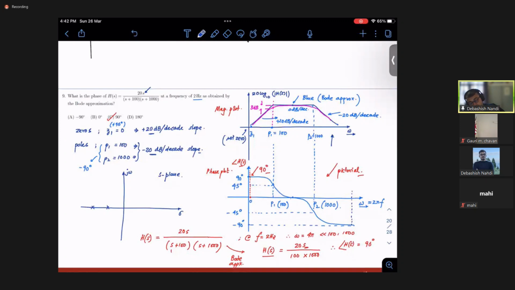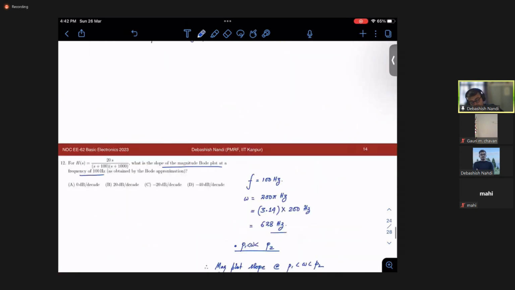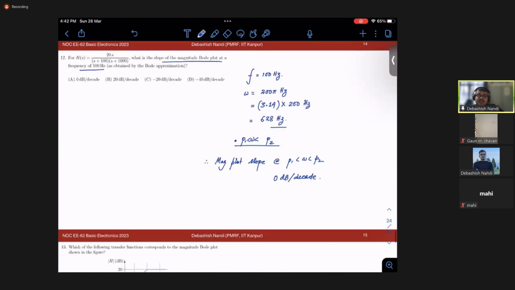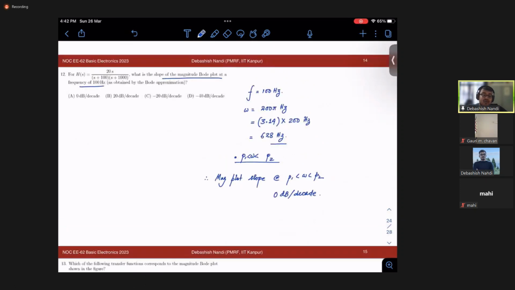Remember this plot? At 628, somewhere here, you will have a 0 dB per decade slope, or some constant gain, in other words, because it does not change with frequency, right? So your A would be your right answer.